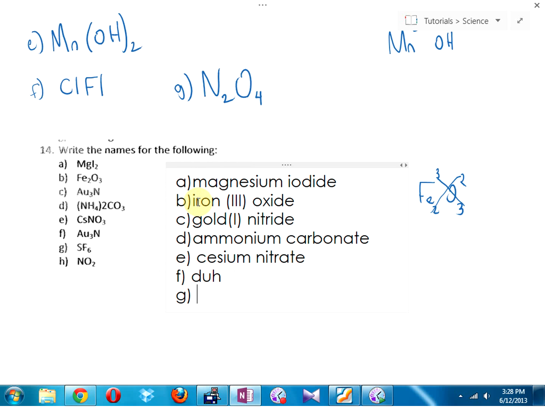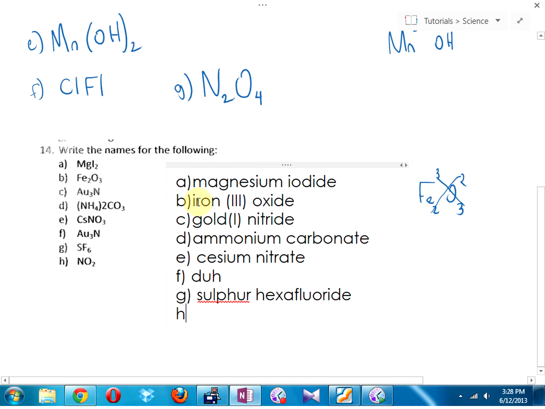1. We're just going to go sulfur. How many fluorines do you see? 6. Hexafluoride. Right?